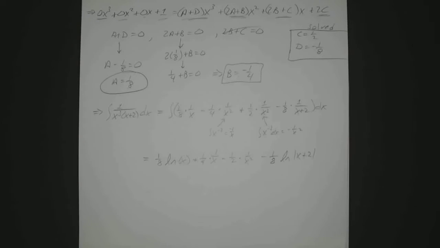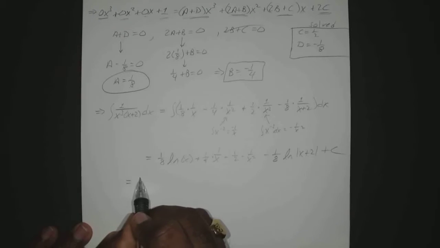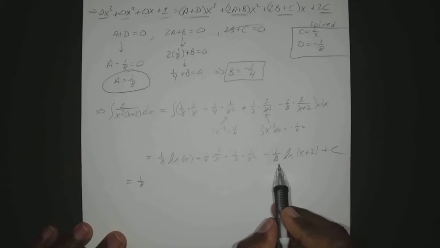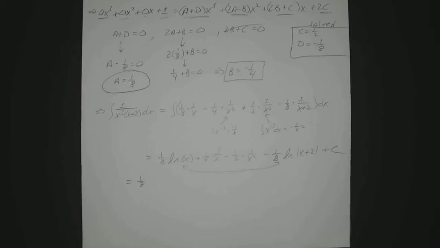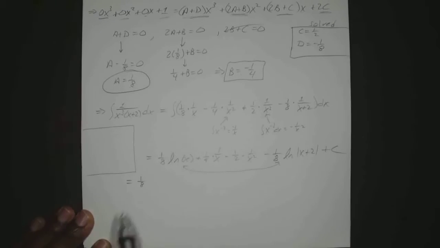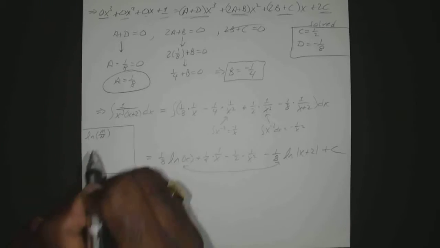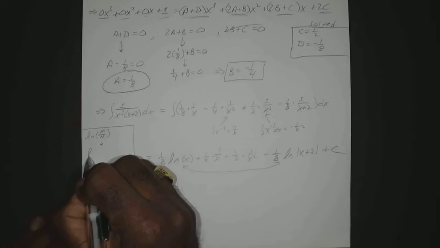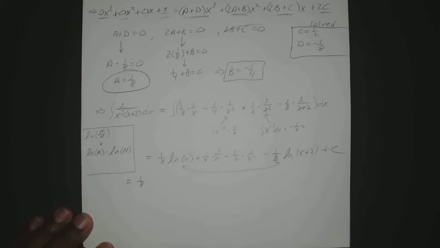Plus C, of course. Now if we wanted to simplify this a little more, we could have 1/8 combining these two. If you remember your rules for logarithms, I'll write it here: natural log of M divided by N is equal to the natural log of M minus the natural log of N. And it works in reverse too.